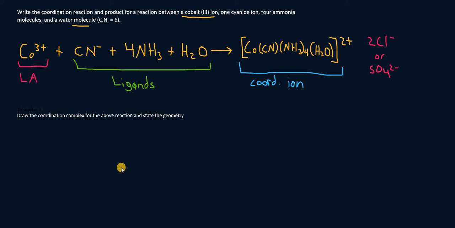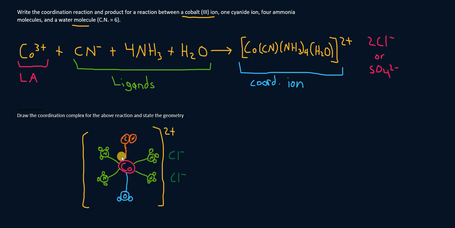So you'll want to put your metal ion in the middle, and you'll just draw the different ligands you have coming off of the central metal ion. So, this is my best artistic rendition of what this coordination complex would look like.